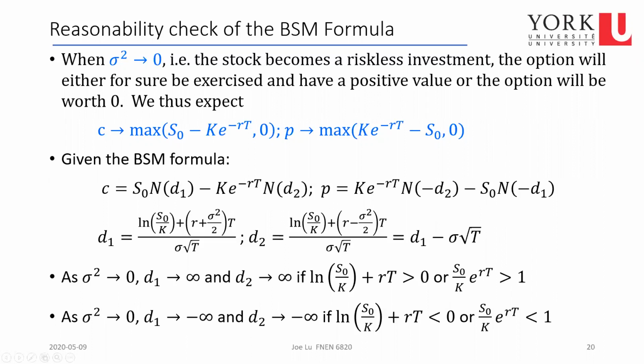So that means if this condition is materialized, your P will be equal to K times e to the power minus RT minus S naught. Otherwise, it will become 0. So that checks out with what we expected.